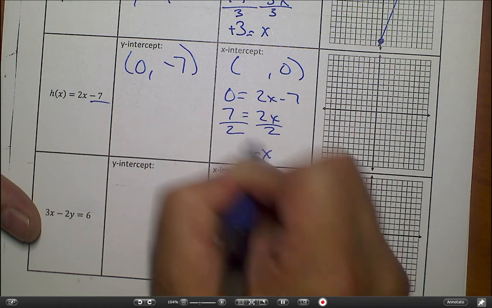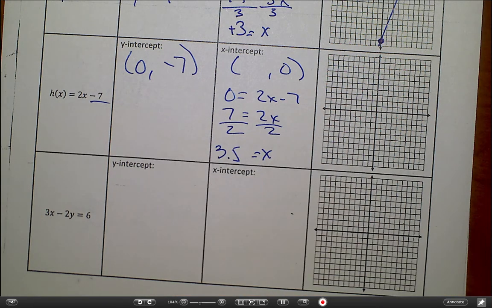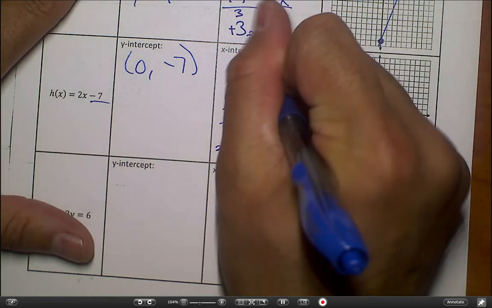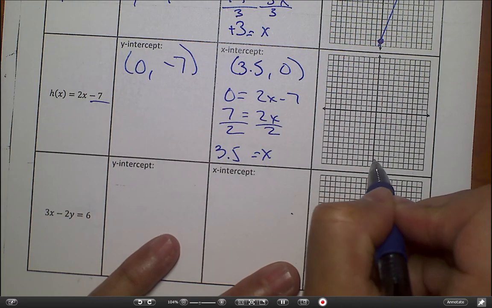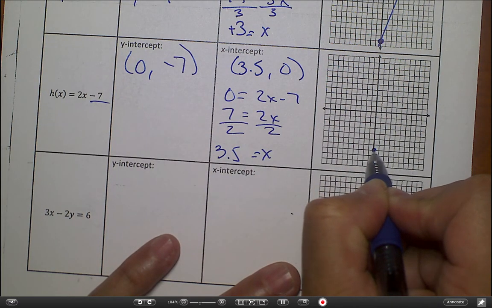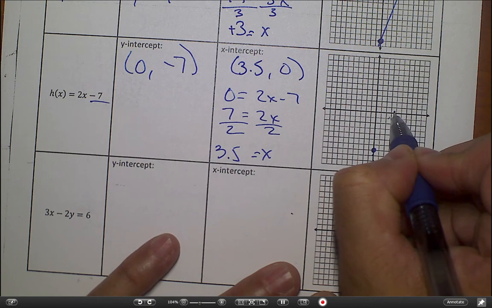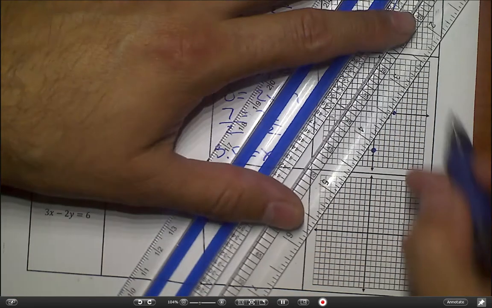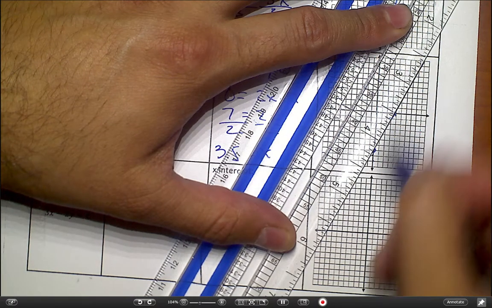X is 7 over 2, which is 3.5, right? So where am I going to put that on my graph? In between 3 and 4, right? So 0, negative 7. And 3.5. 1, 2, 3. Right about there. Then draw my line. There we go.